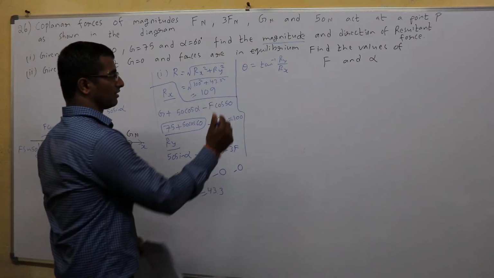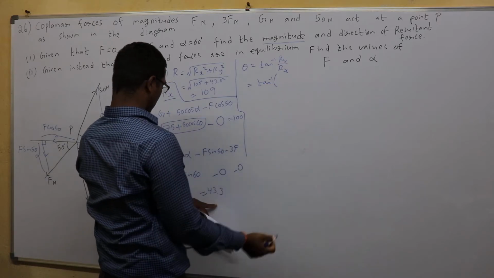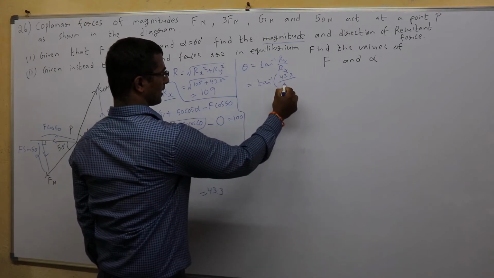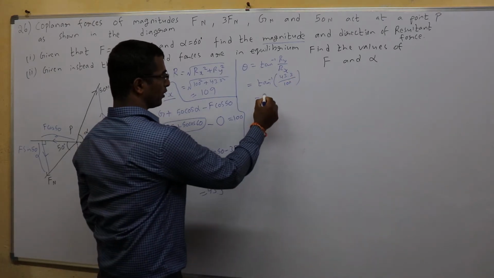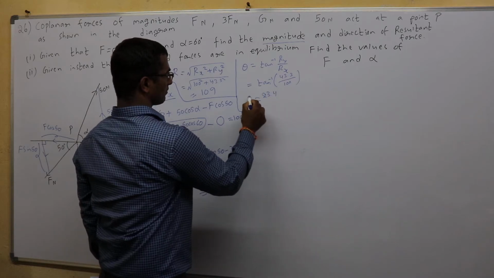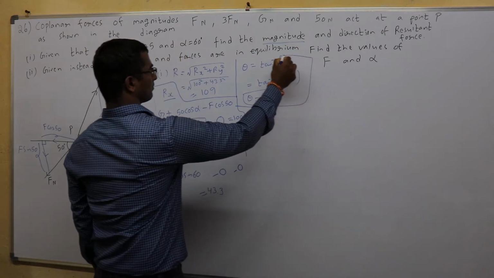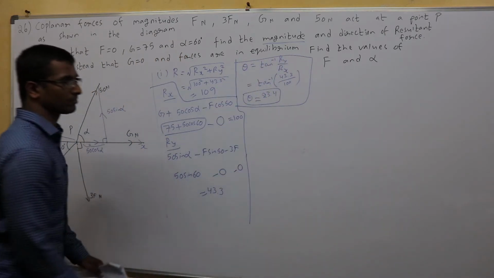Resultant angle is tan inverse of Ry, 43.3, by Rx, 100. Put in the calculator, you get theta to be 23.4. So my first bit is completed.